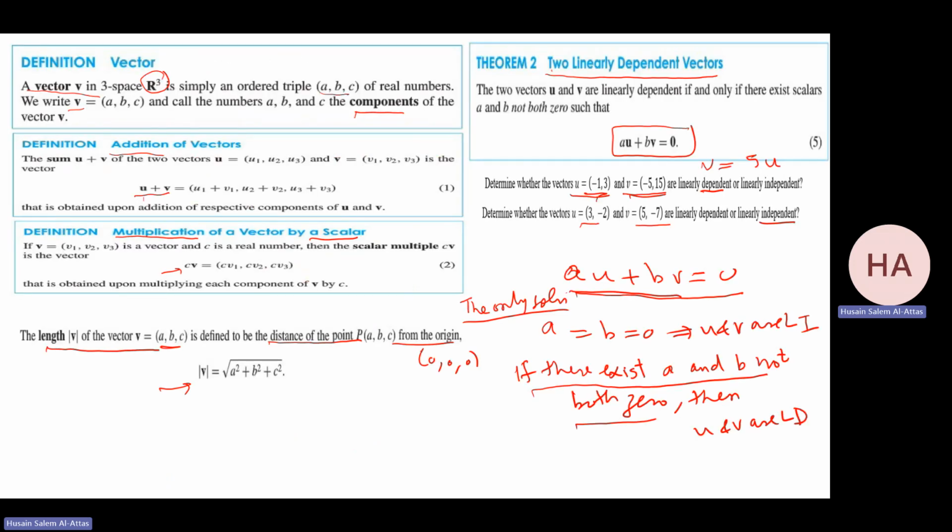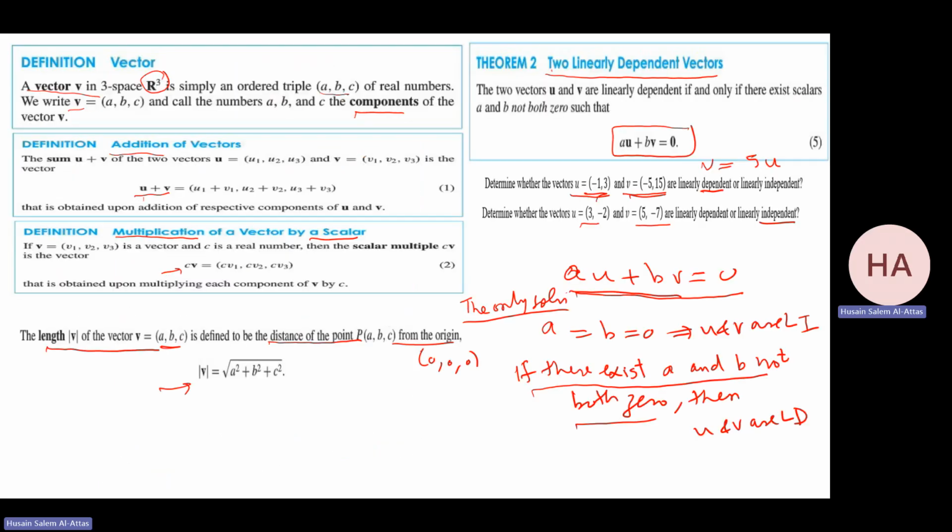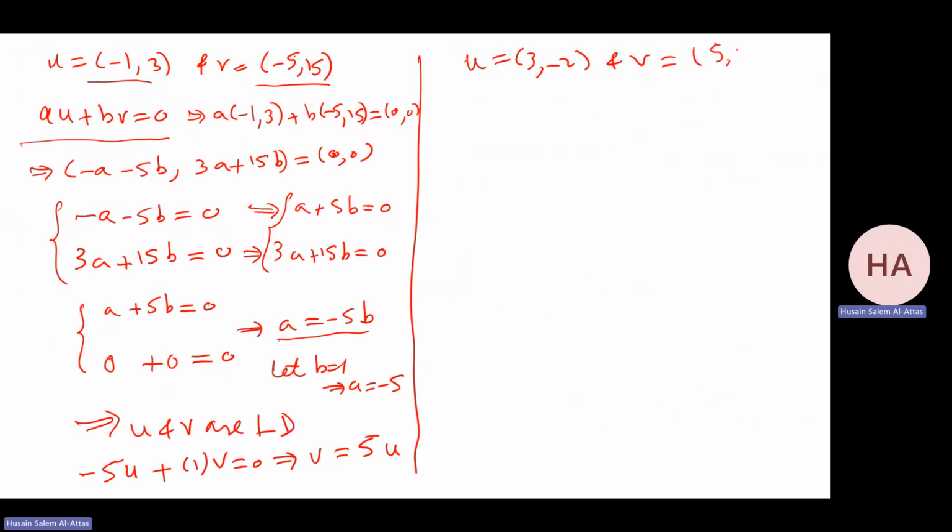I have U is (3, -2), and V, what is it, (5, -7), I think. Yeah, 5 and -7. Let me do the same thing. So I need to check. It's very clear for me. These two vectors are linearly independent. I mean, there is no way I can write one in terms of the other since they are only two vectors. So I have AU plus BV equals 0.